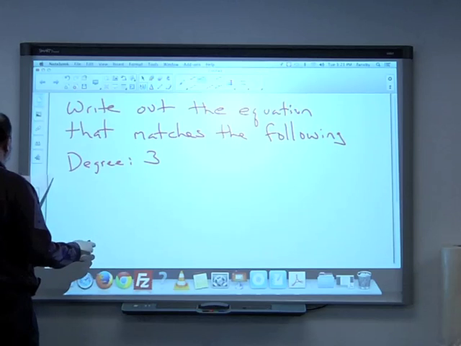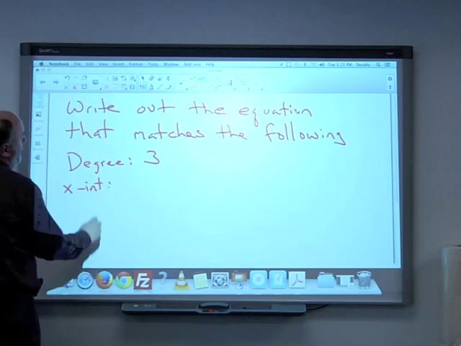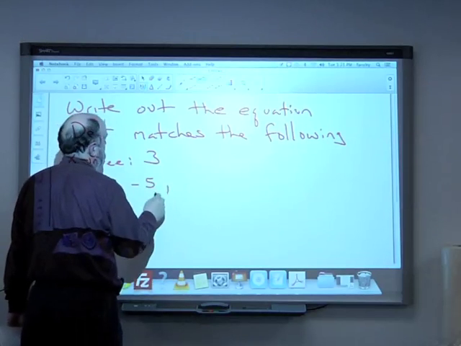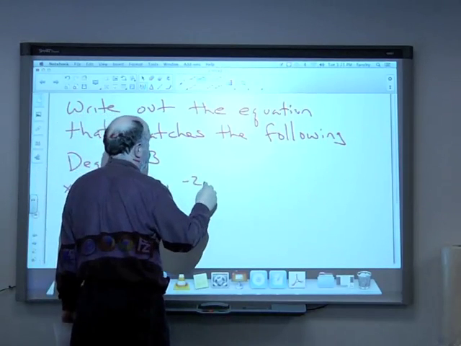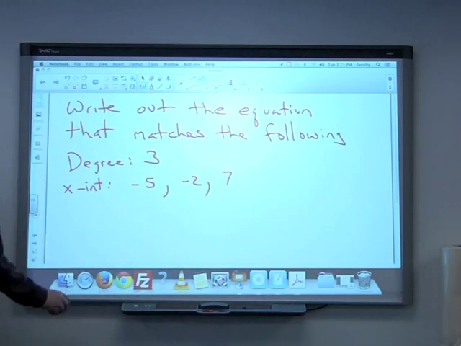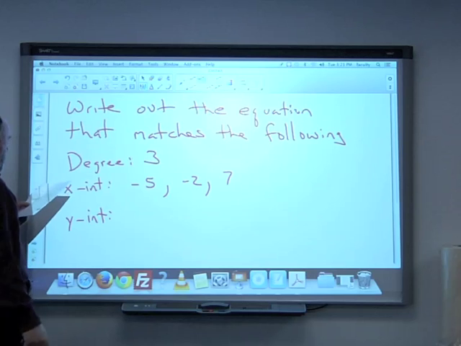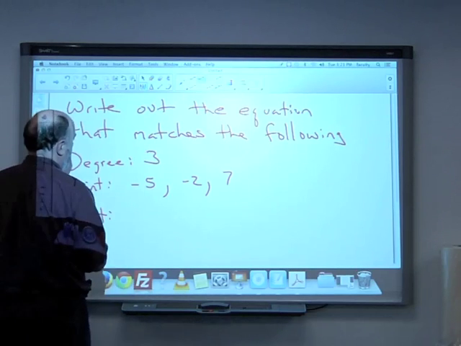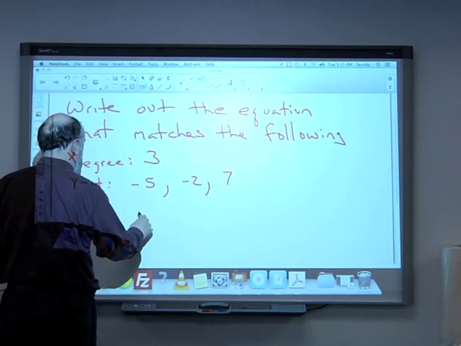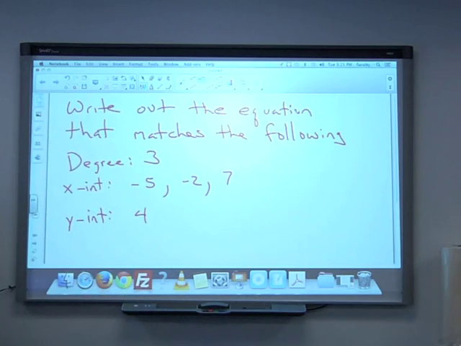The x-intercepts will be -5, -2, 7. The y-intercept will be, let's make this good numbers, right?